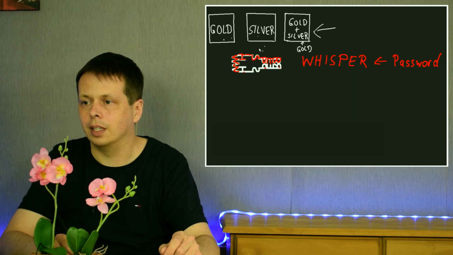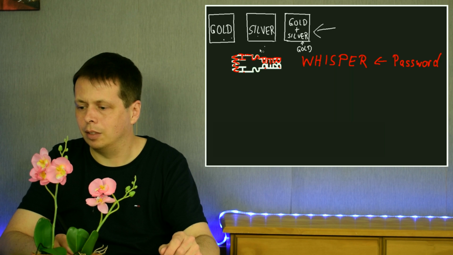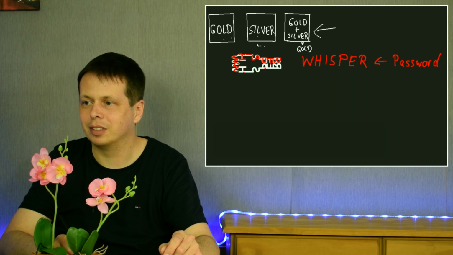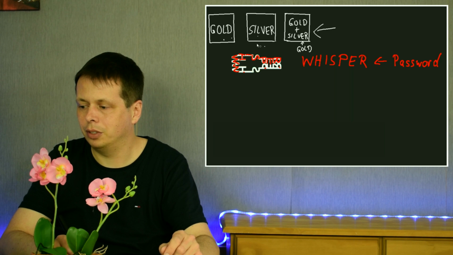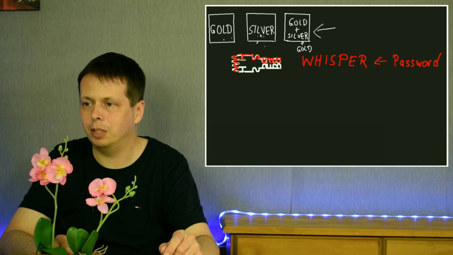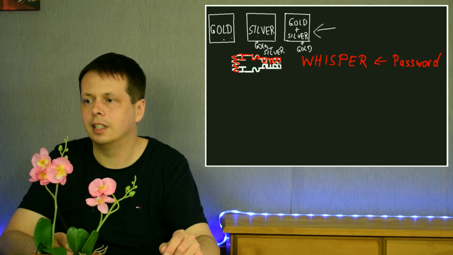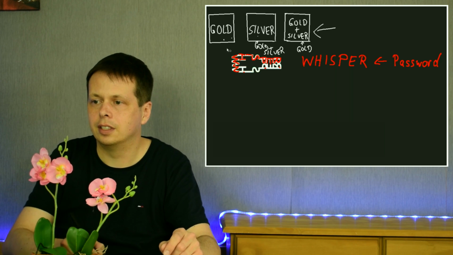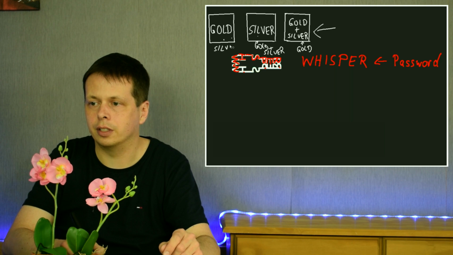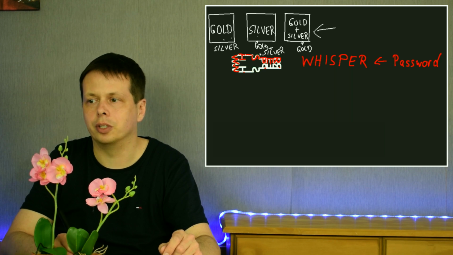So then we know the silver labeled box doesn't have only silver coins because of the wrong labeling. So this must be gold and silver, and this box would contain the silver coins.